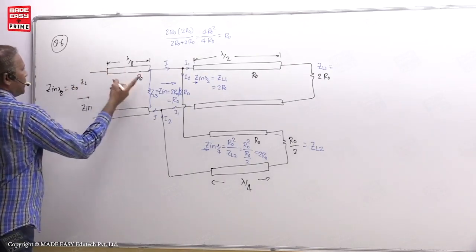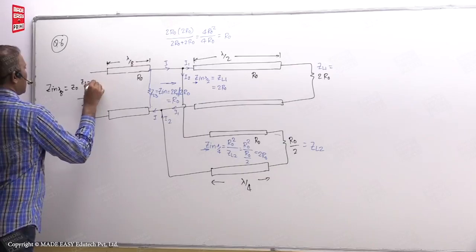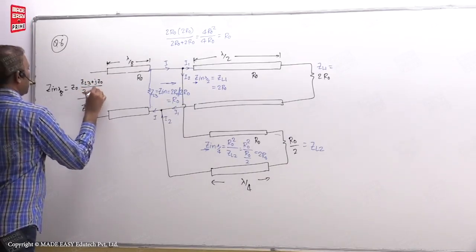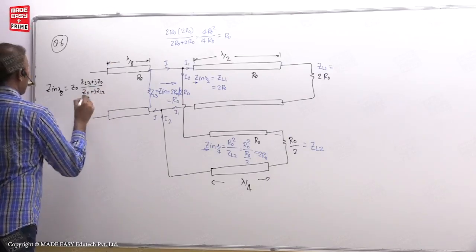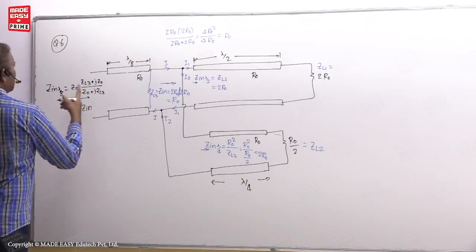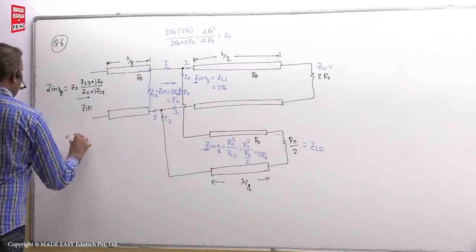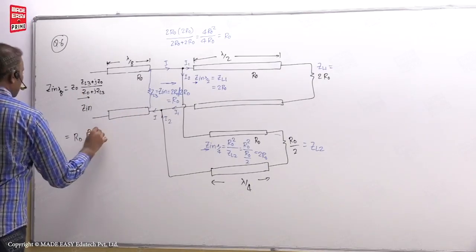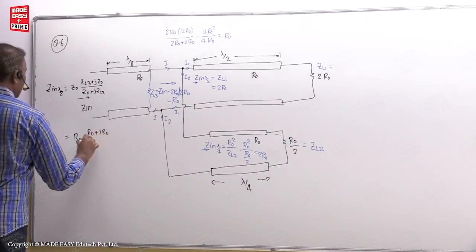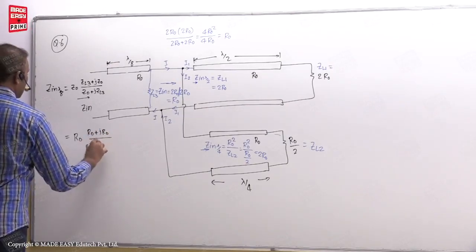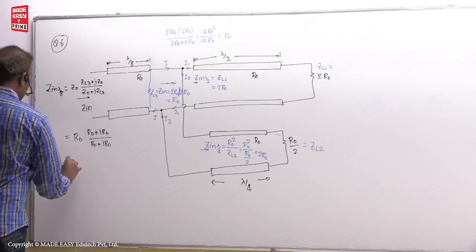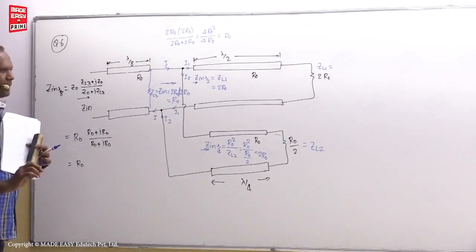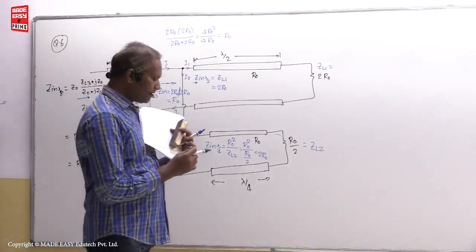Then Zin is Z0 times ZL3 plus jZ0 divided by Z0 plus jZL3. So Z0 is R0 here and ZL3 is also R0, plus jR0 divided by R0 plus jR0. So ultimately you get R0. So that is the answer. R0 is the answer.